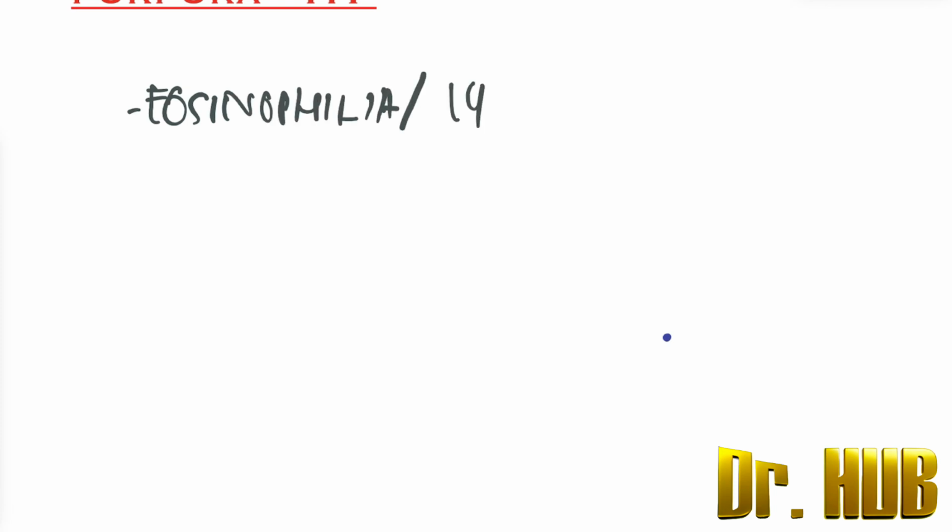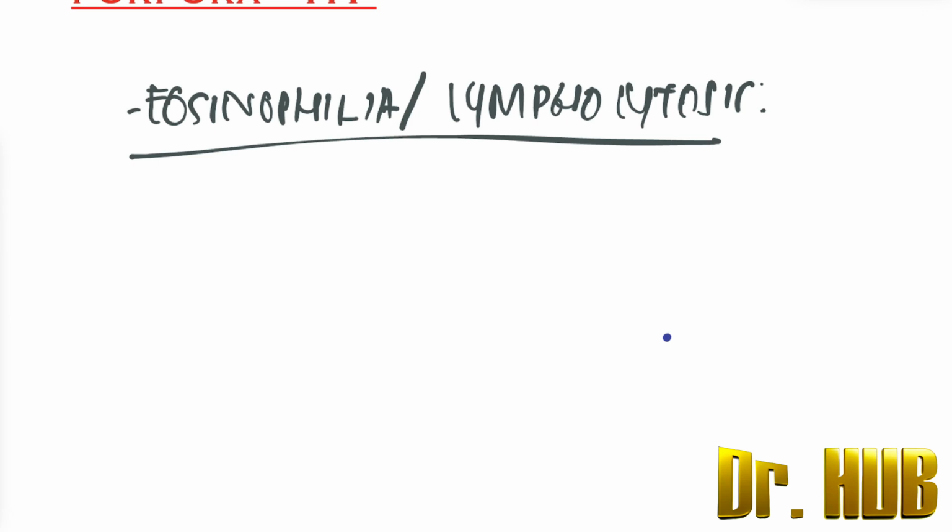Now looking at eosinophilia as well as lymphocytosis: in acute it is common, whereas in chronic it is rare. What is the duration?